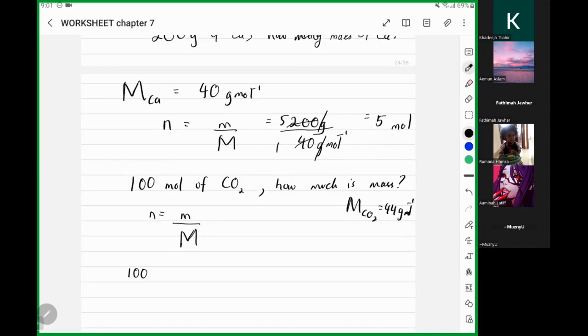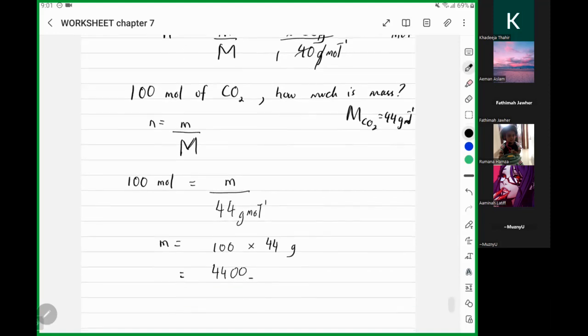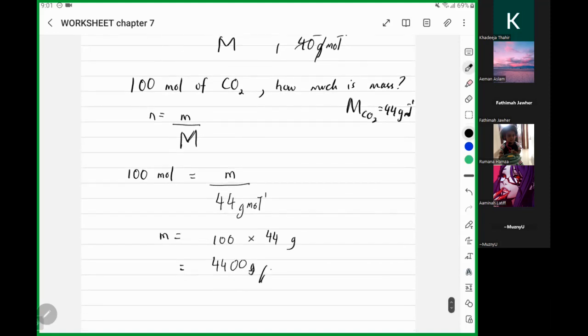Always write the units. Mass is unknown, so you can subject it. m will be equal to 100 times 44 grams, because mole and per mole get cancelled. So the answer is 4,400 grams. Got it?